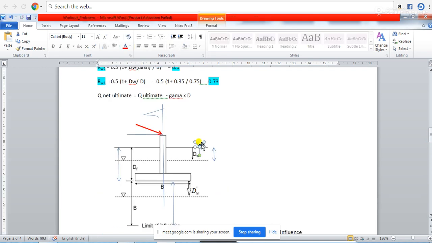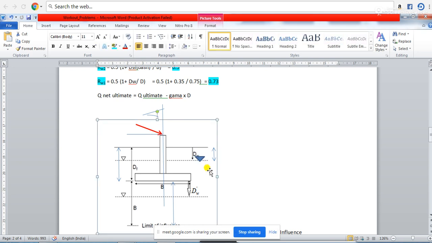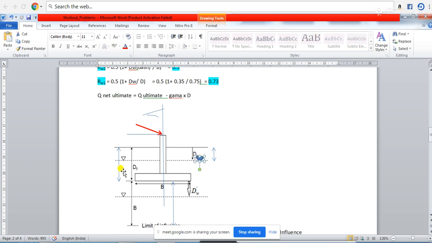Suppose the water table is here instead. So what will happen? In that case you observe, from here to here the soil will be submerged. However, from here to here, the soil will not be in a submerged condition, because the water table has just reached this position.